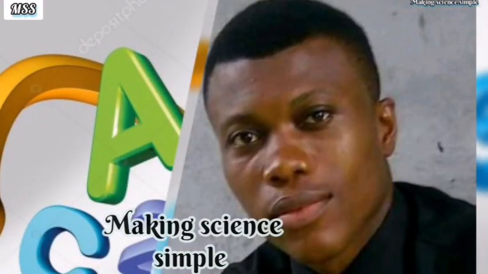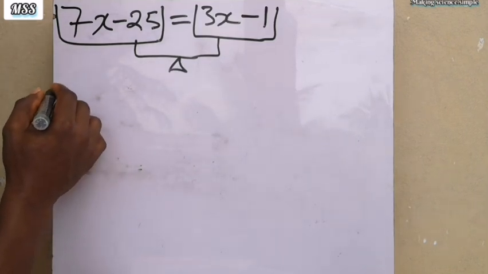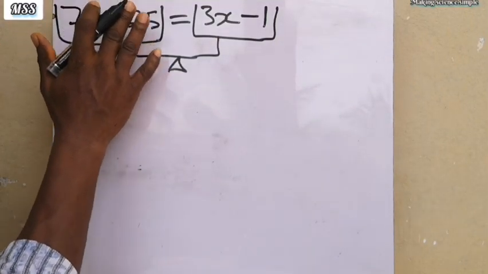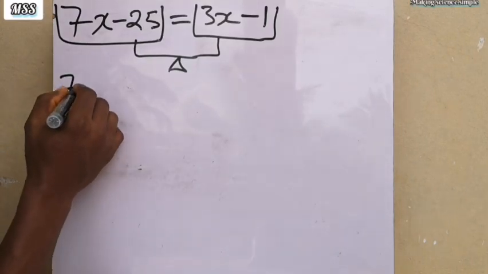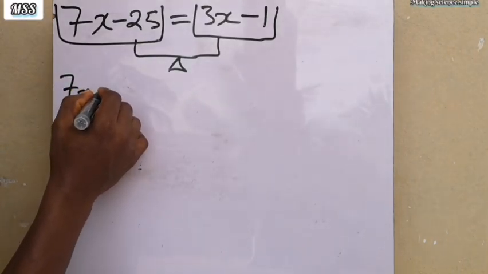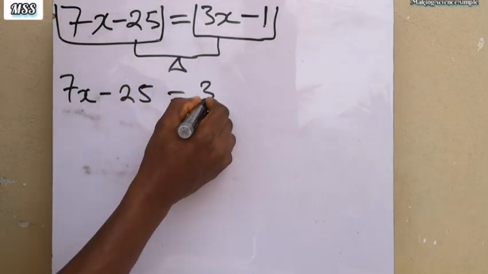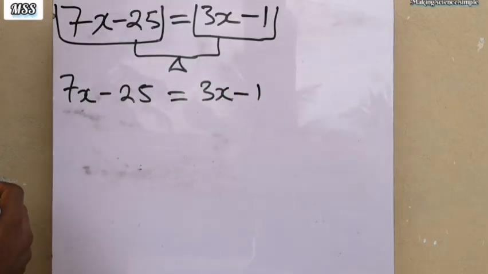You can pause the video and just see if you can solve it. Okay, well, let's solve it together. Now, since this is in a balanced scale, it means that the value here and the value here are the same. So that means that we have 7x minus 25 is equal to 3x minus 1.